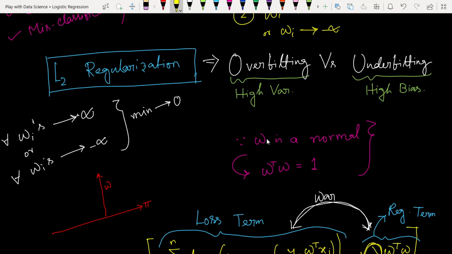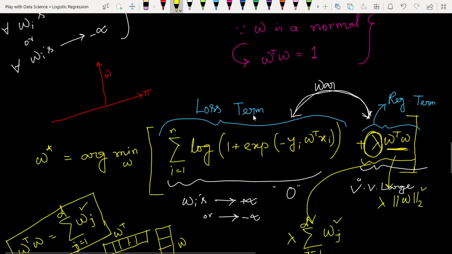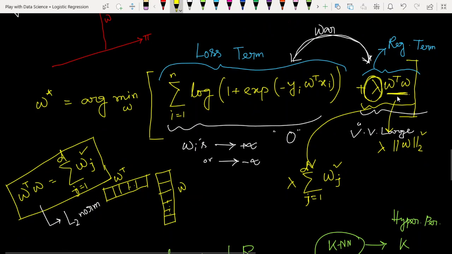So how will we avoid it? From our equations, w is a normal vector, and in mathematics we know that w transpose w equals 1. We use this concept in our optimization problem, so we add lambda w transpose w.